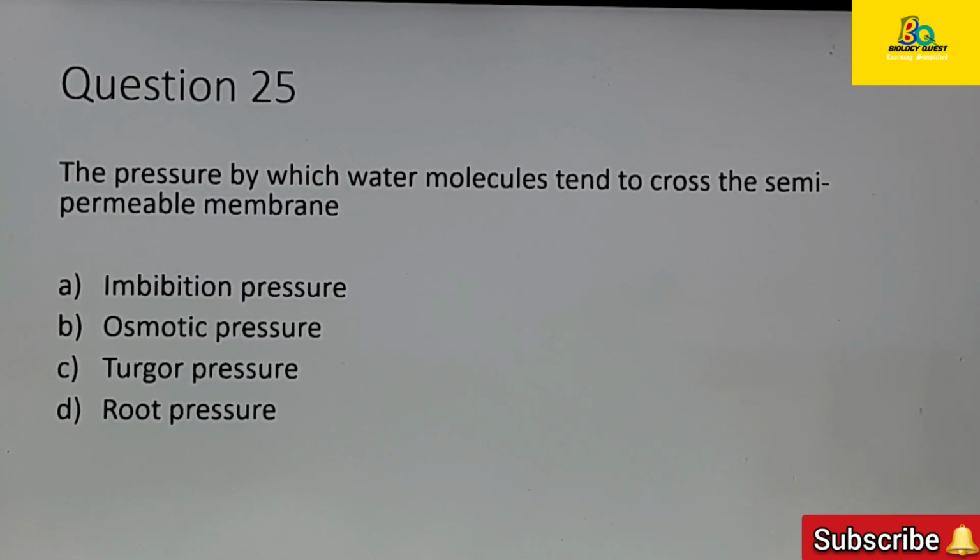So that is root pressure. Now, what is the correct answer here? The pressure by which water molecules tend to cross the semi-permeable membrane is option B, osmotic pressure.